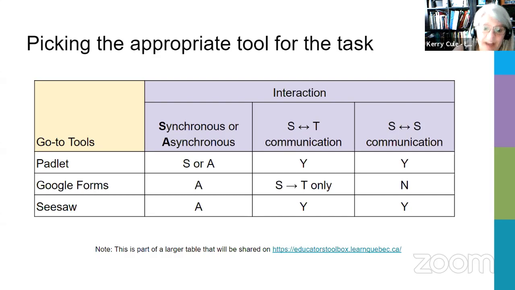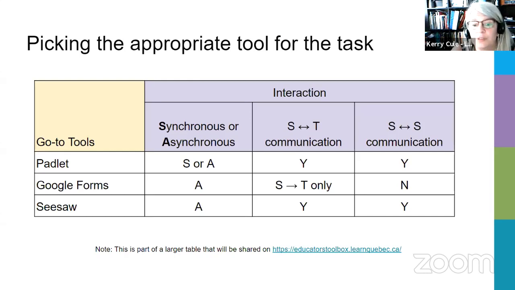On the slide, you can see these are some examples of tools that we have used for reflection in the past. You can see Padlet could be used synchronously or asynchronously. The other tools tend to be more of an asynchronous type of model.